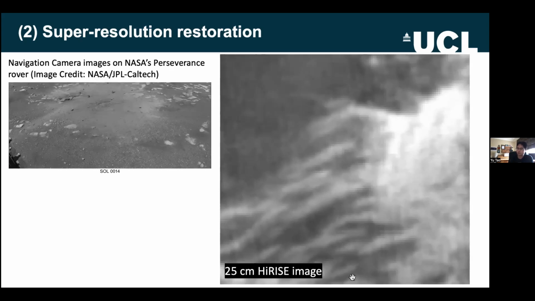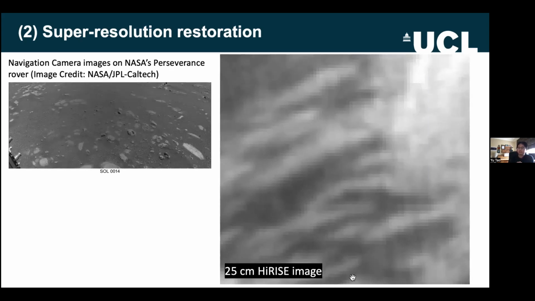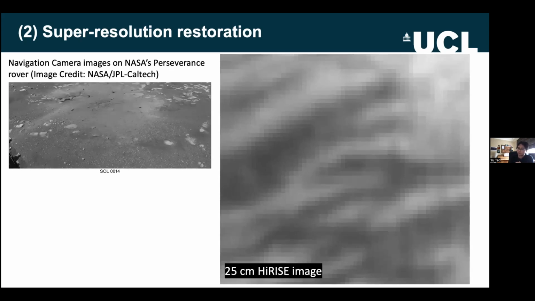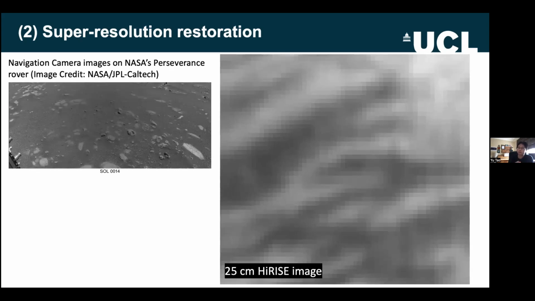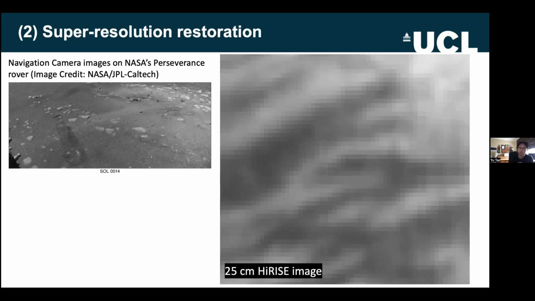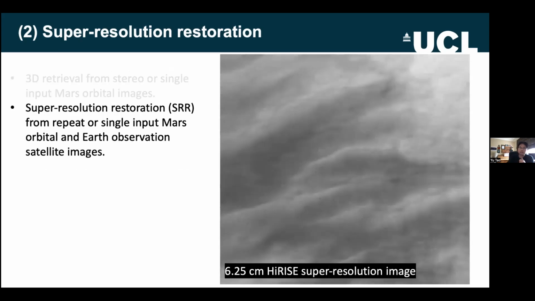We then experimented with deep learning techniques for super resolution restoration, which allows us to start from a single input Mars optical image and to continue zooming in from here to see much more detail of this tiny region, and also to see more details of any other areas beyond this landing site area.